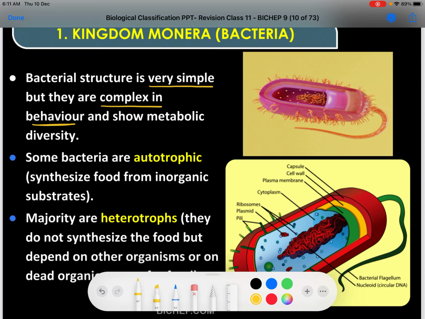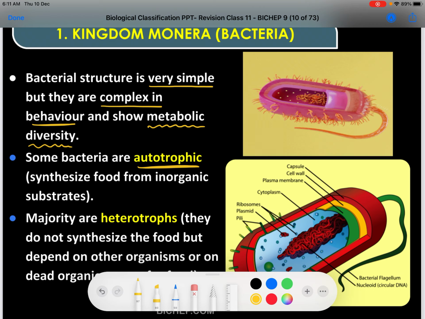A reason behind that is they have metabolic diversity. They have a special type of mechanism of metabolic reaction, and that is why they can survive easily in extreme conditions. That's a very important feature they have, right? Some bacteria are autotrophic, meaning they synthesize their own food from inorganic substances.